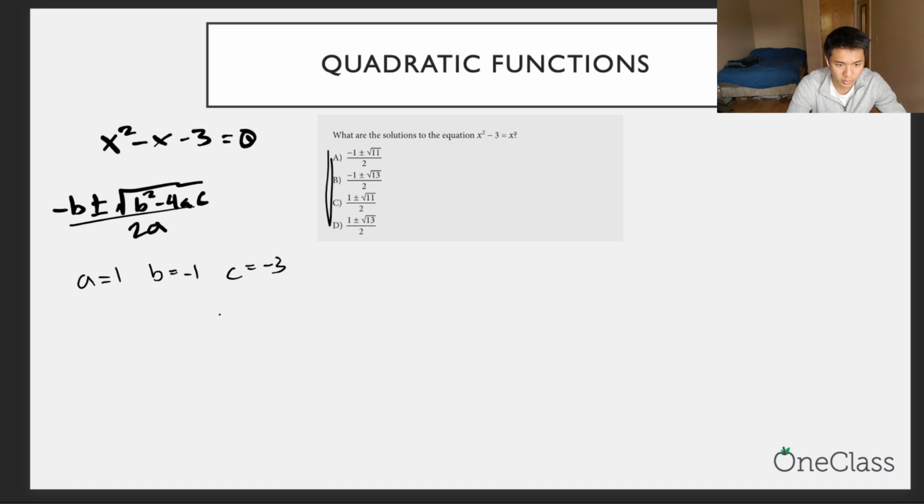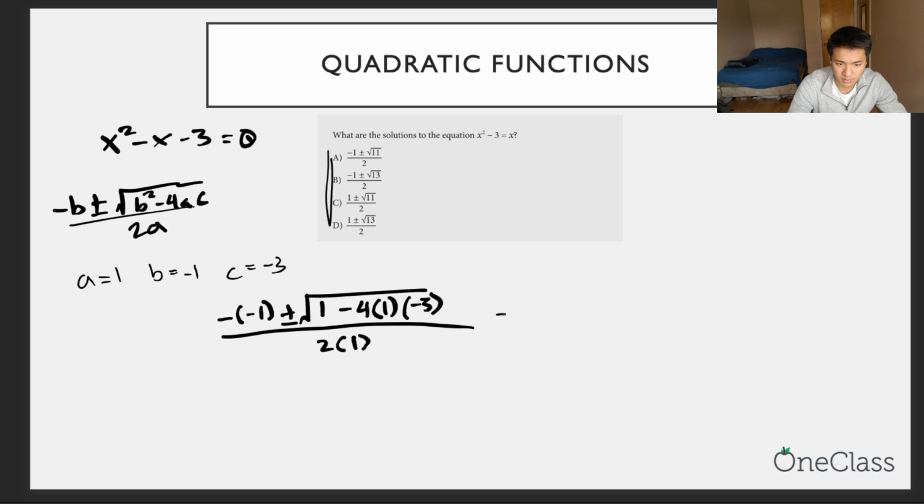So negative b is equal to -1 times -1, plus or minus the square root of b squared, -1 squared is 1, minus 4 times 1 times negative 3. And we want to divide that by 2 times 1. And then we can simplify.